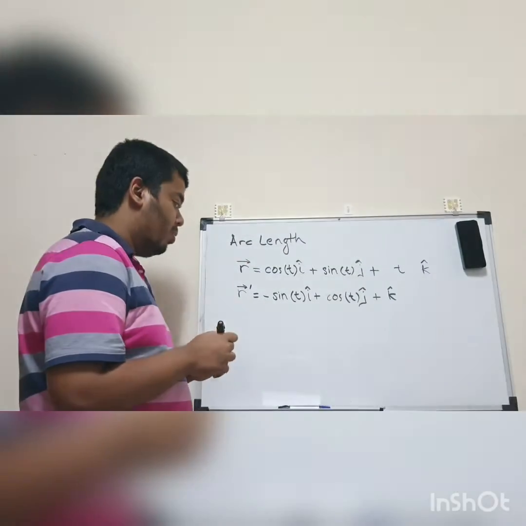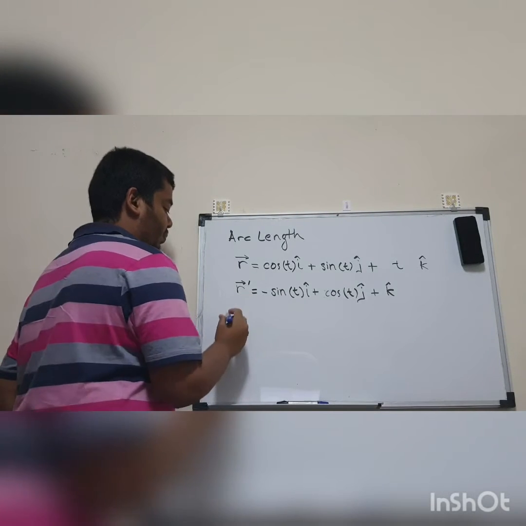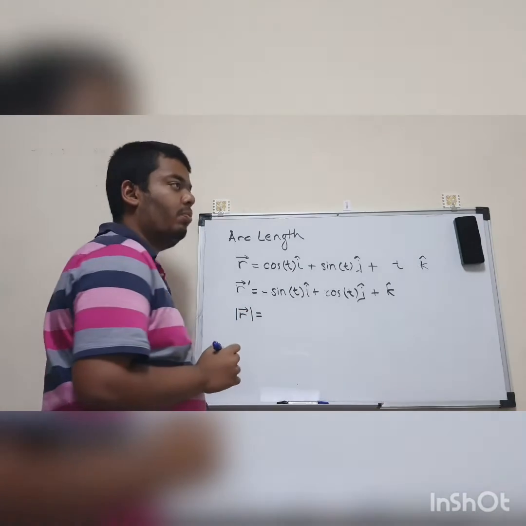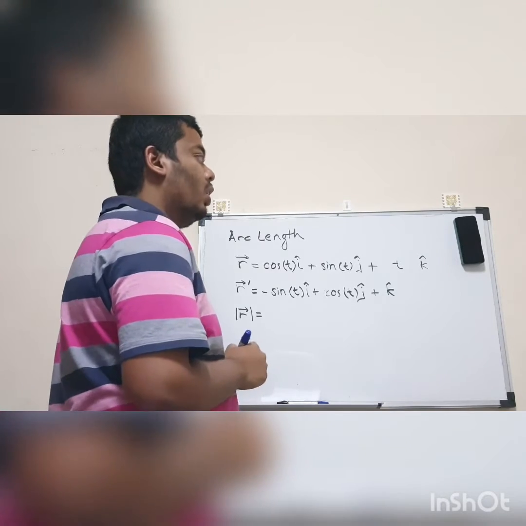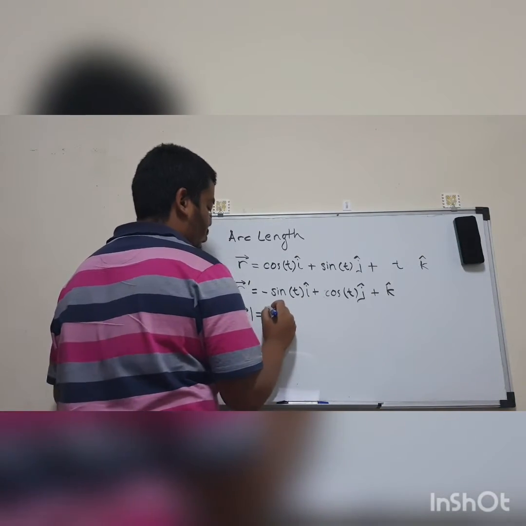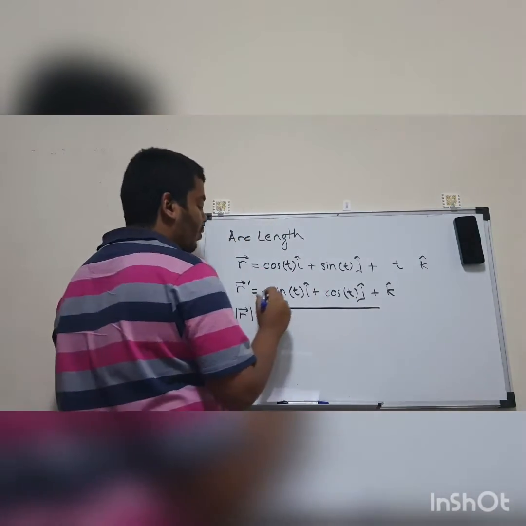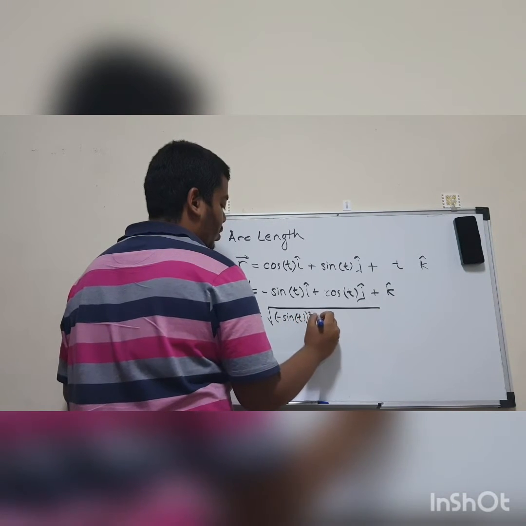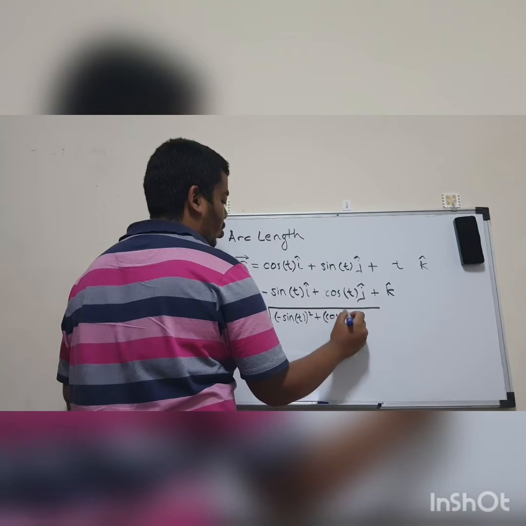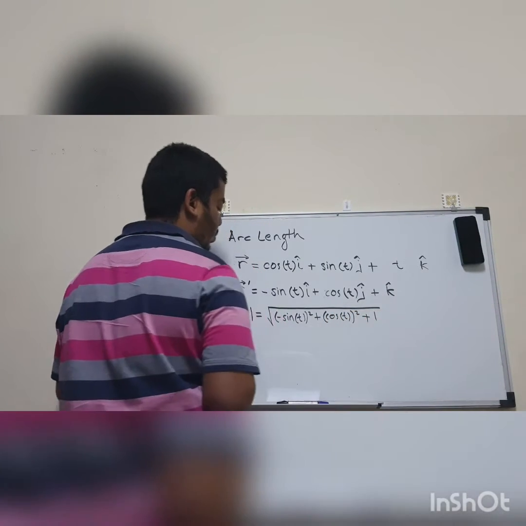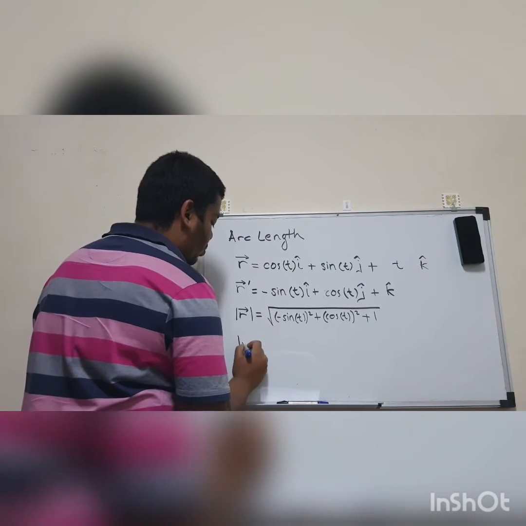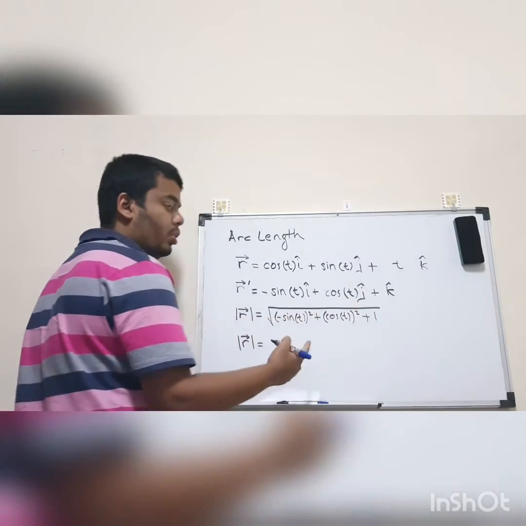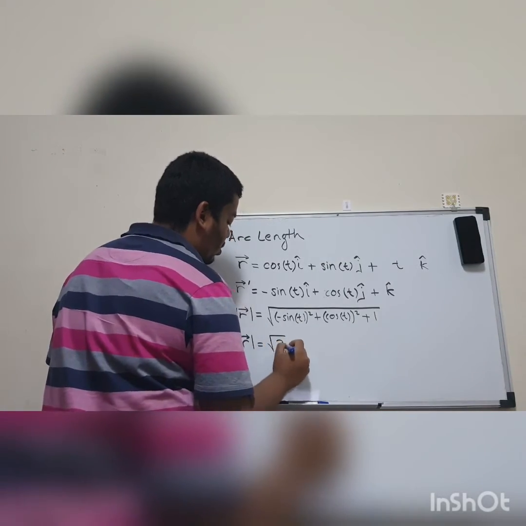The magnitude of r prime can be found easily using this formula: the square root of negative sine of t whole squared plus cos of t whole squared plus 1 squared. Sine squared plus cos squared becomes 1, and 1 plus 1 is 2. So we remain with the square root of 2.